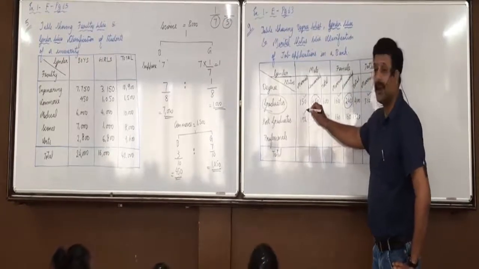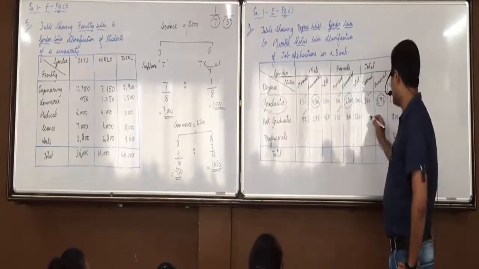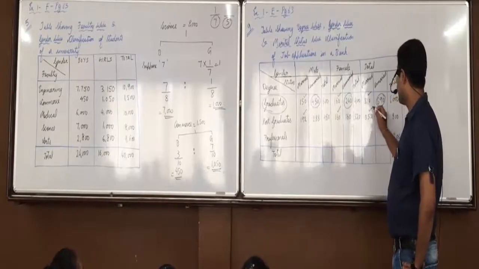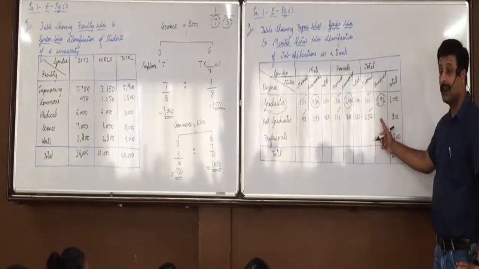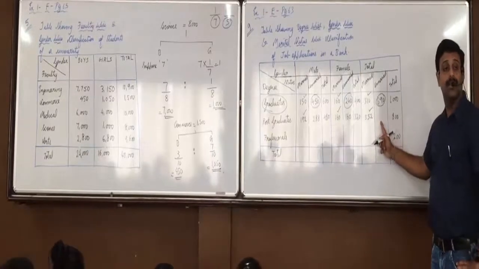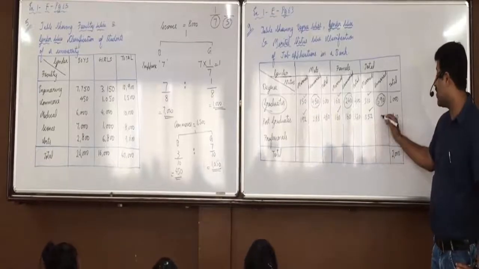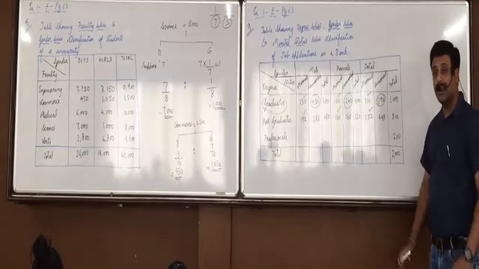Male married 192, plus female married 160. So is that 352? Yes. Now, how can you find unmarried an easier way? Shreyas? 800 minus 352, so that is 448. Anyone having any doubt in this?